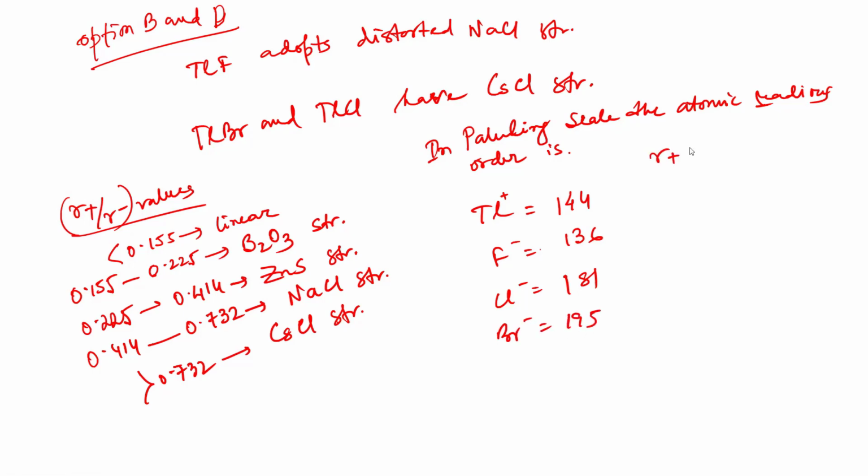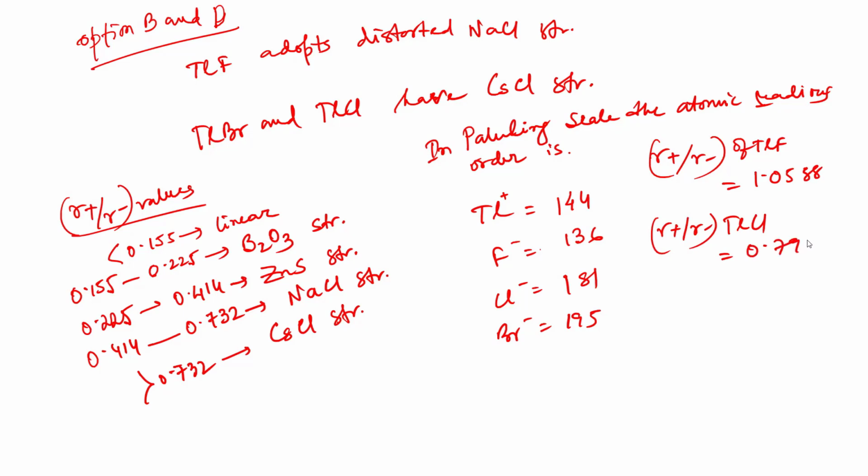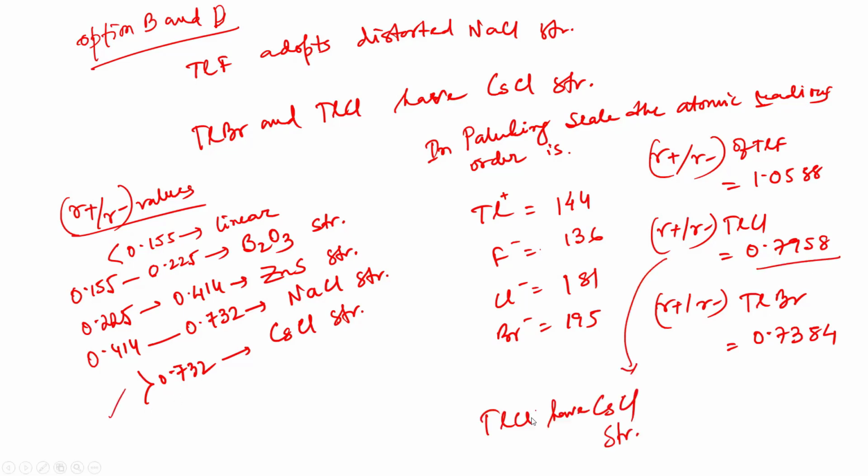Now if you calculate r+ by r- for TlF, the value would be 1.0588; for TlCl, it is 0.7958; and for TlBr, it is 0.7384. Now this value is more than 0.732, so TlCl has the cesium chloride structure.